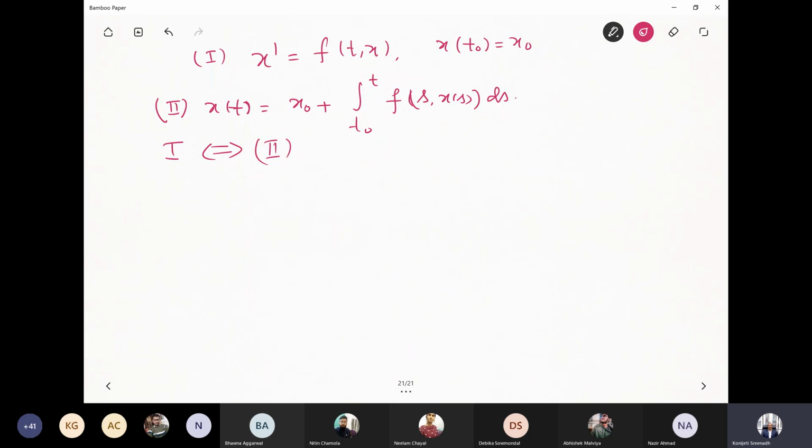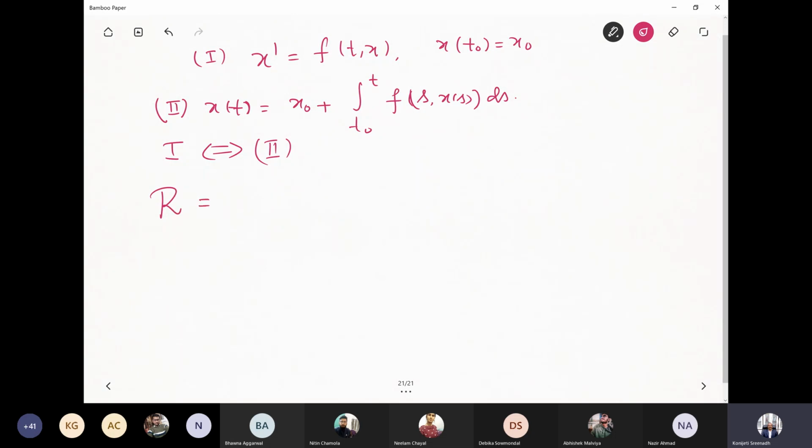And let us also show the existence. Our aim is to show that there is a small interval around this t0 where 2 holds, where there is a function x so that 2 holds for that function. Okay, so let us take a rectangle.